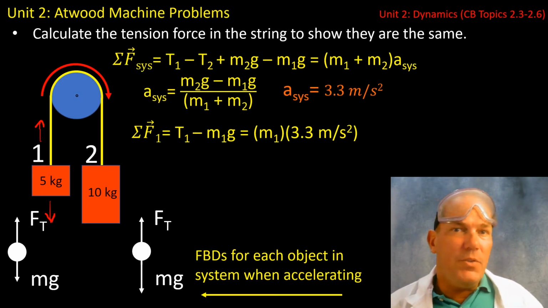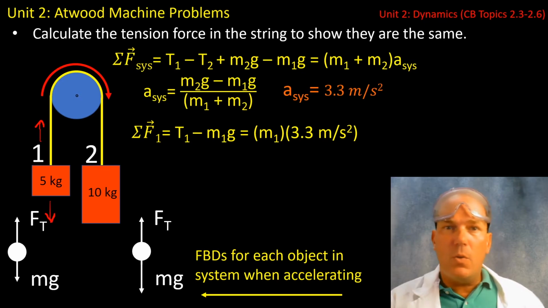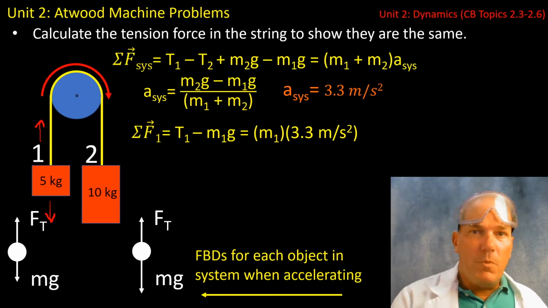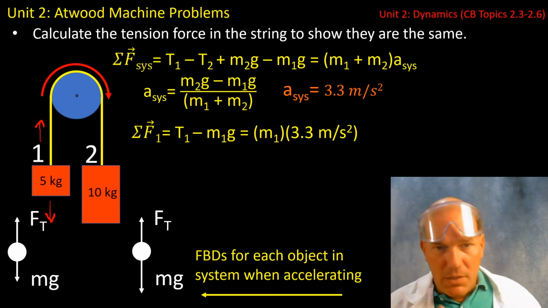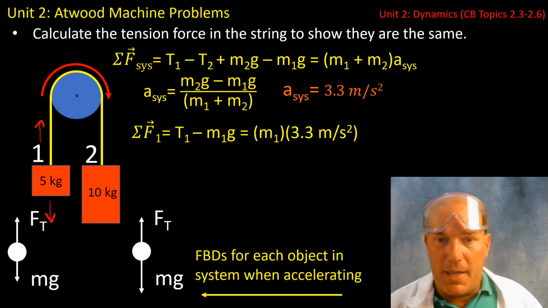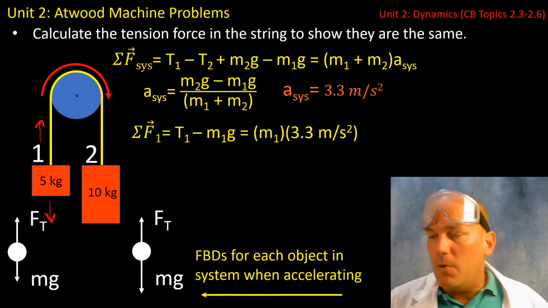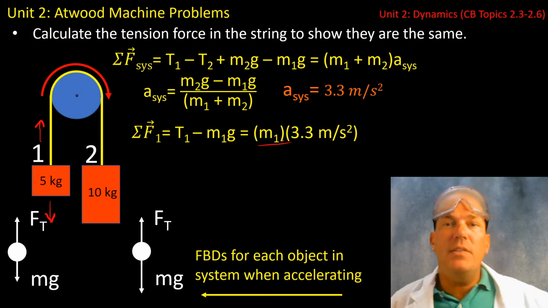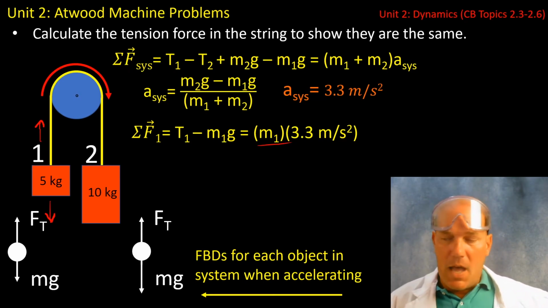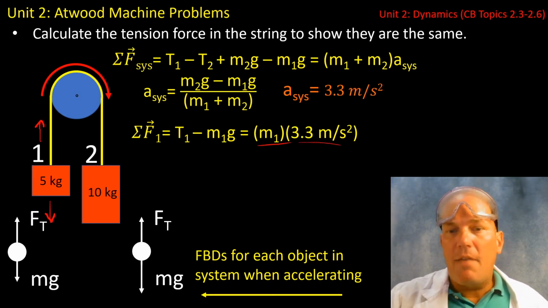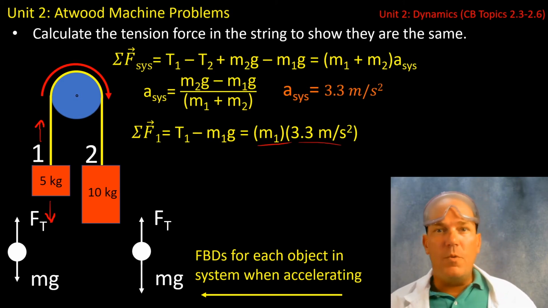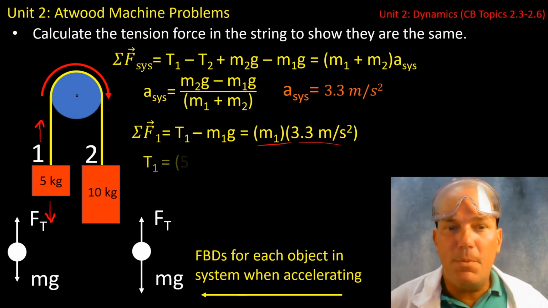In other words, when using this approach, don't switch your coordinate system up. Remember, we already defined the positive direction, so we need to be consistent with that, okay? And notice here, I'm only including the mass of the 5 kilogram object, and I have this acceleration. We found it using a system approach.